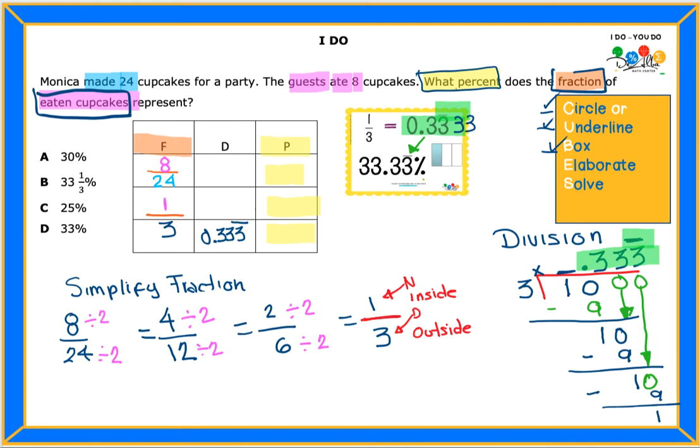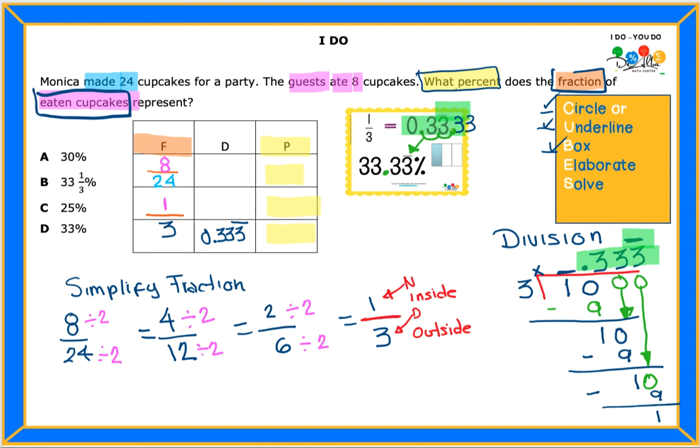Now, how can I go from this number to this other number? You notice here this decimal point is between these two threes. That means we will have to move our decimal point towards the right, 2 place values. And why is that? Because we are multiplying by 100. And multiplying by 100 increases the number 2 place values.